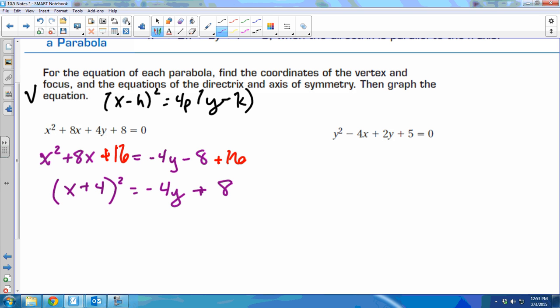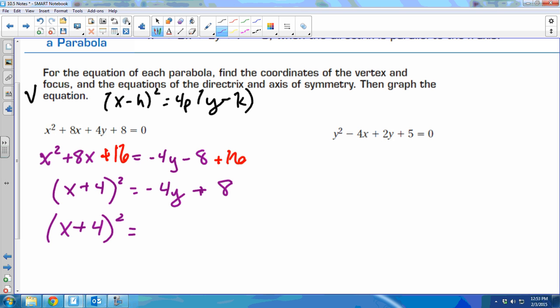All right. Then again, we still have to get it into the standard form, so we need to factor some stuff out on the right-hand side. So I need to take a 4 out. Oh, actually I'm going to take a negative 4 out. I guess it doesn't really matter, but I don't want a negative y.